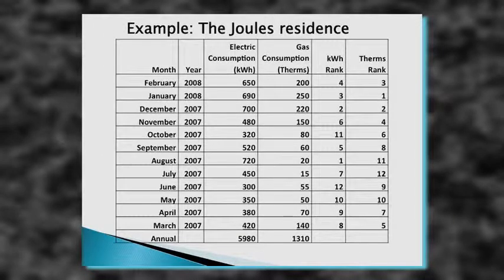Take a look at this. If we look at the 11th and 12th month, we see 15 therms and 20 therms. Our next closest value is 50 therms. That's quite a discrepancy. So if we're looking at a set of bills and we see this kind of discrepancy, we want to start asking questions.